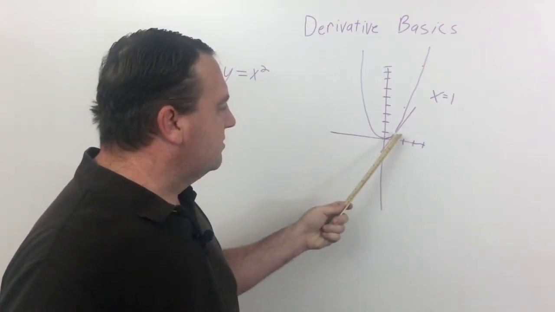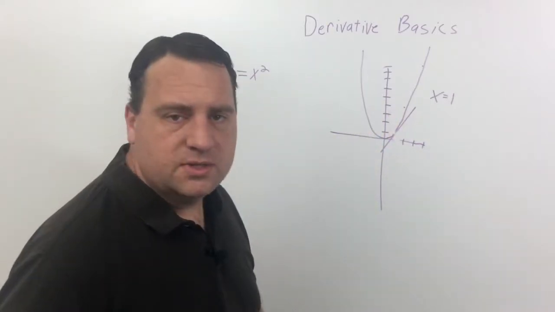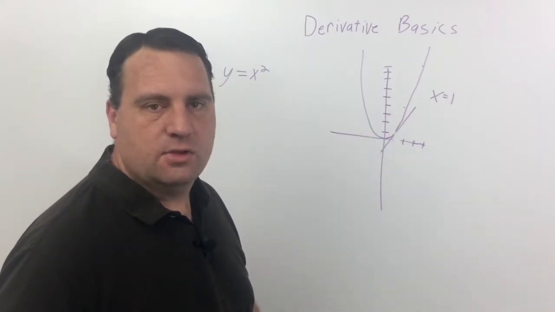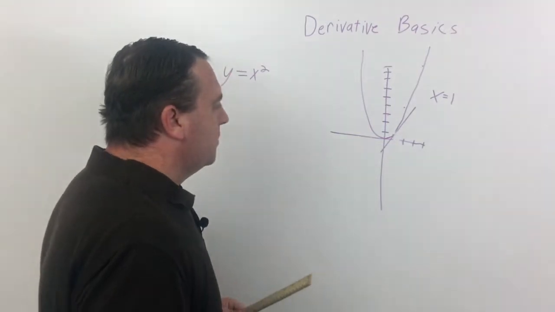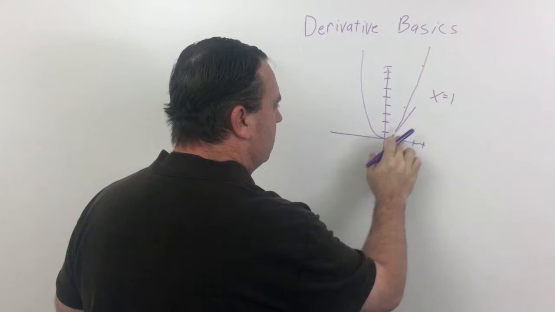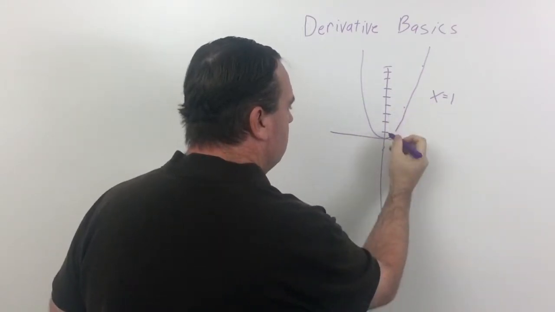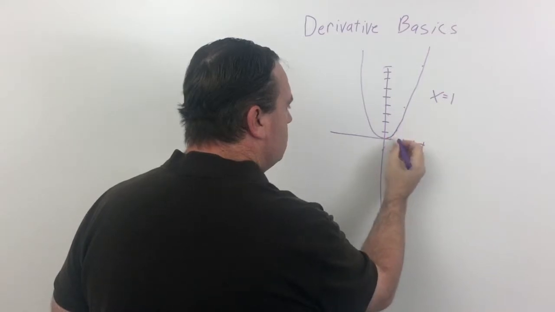And so we can estimate this slope by finding 2 points that are close to each other and calculating the slope. So for instance, instead of finding the slope of this line that we drew, we could calculate the slope between 2 individual points on the graph.